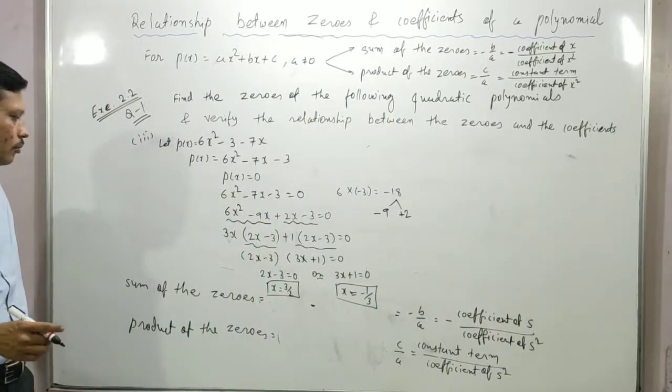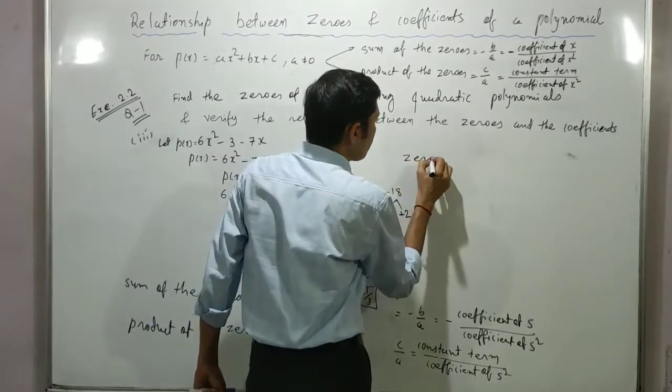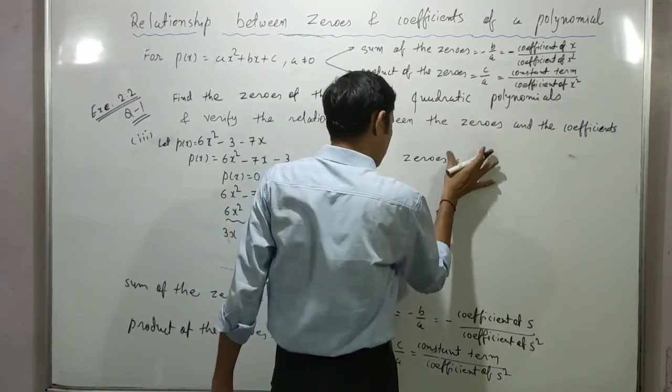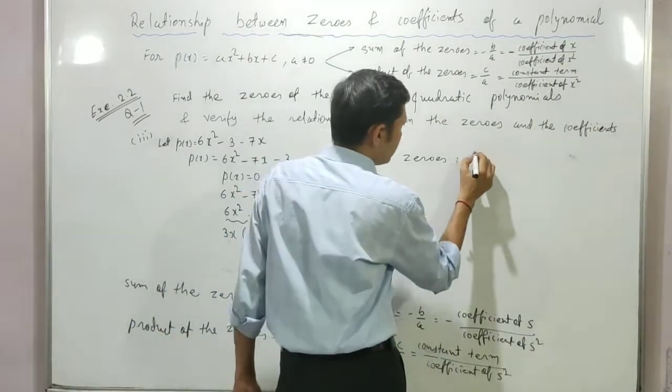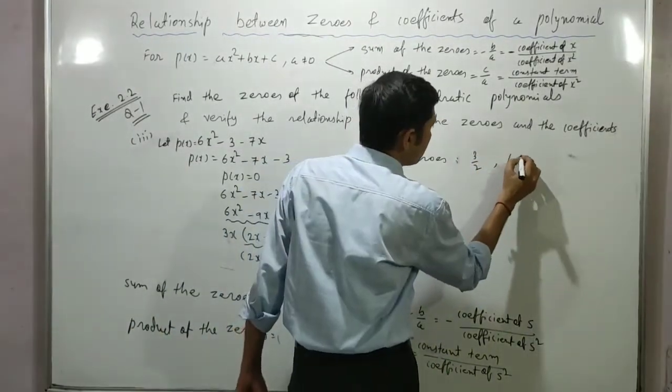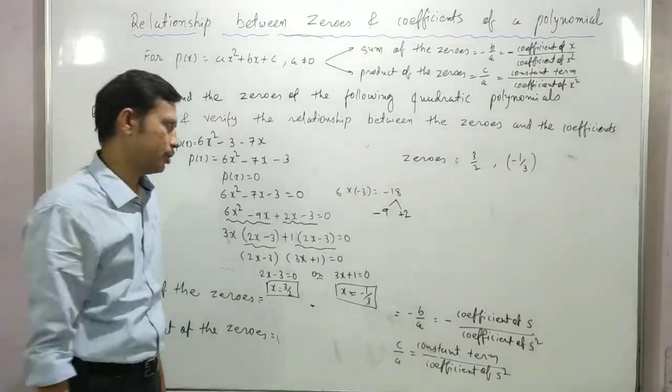Right? Now, these are the two zeros for us. Which are the two zeros? 3 by 2 and minus 1 by 3. These are the two zeros.